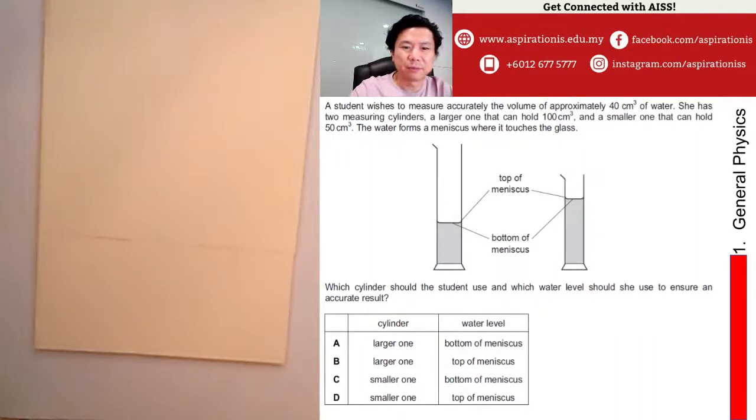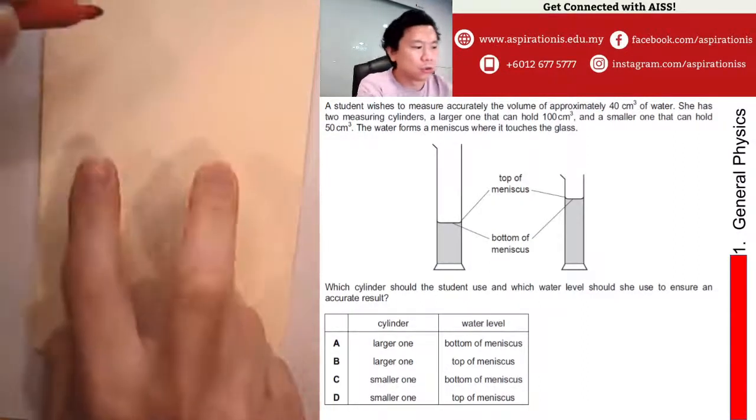Remember, that's why I chose this question. In physics, whenever it's not necessary to use a larger measuring cylinder, or whatever apparatus you're using, you use the one that is just nice for the quantity that you want to measure.